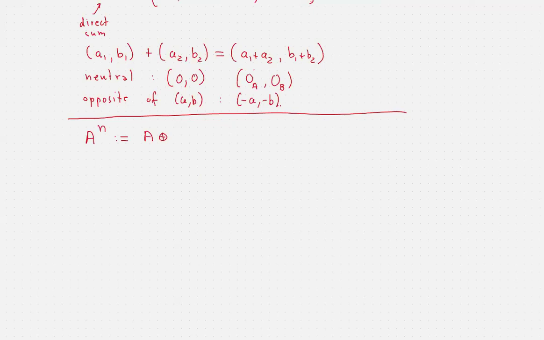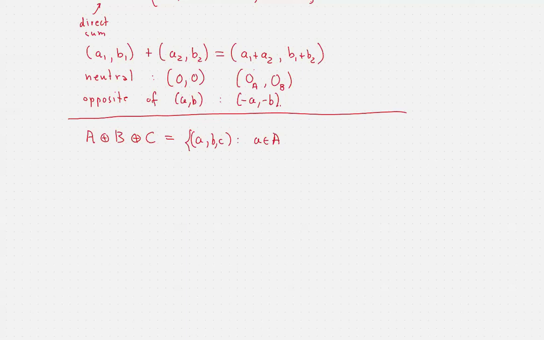So A direct sum B direct sum C, the direct sum of A with B and C, will be all triples of elements, each one coming from the corresponding group, and the operation being defined again coordinate-wise.